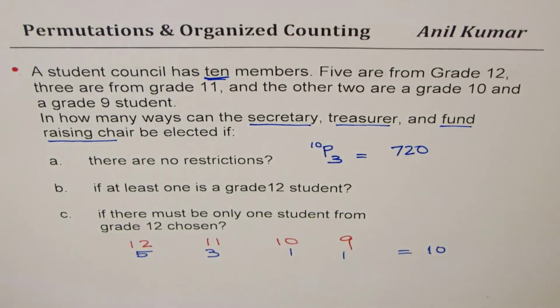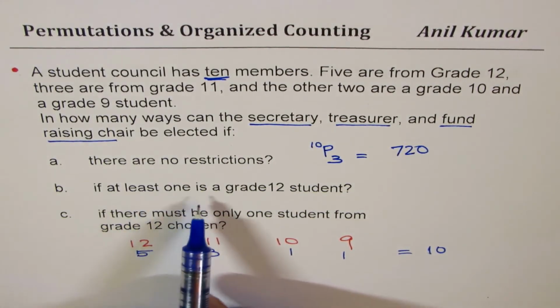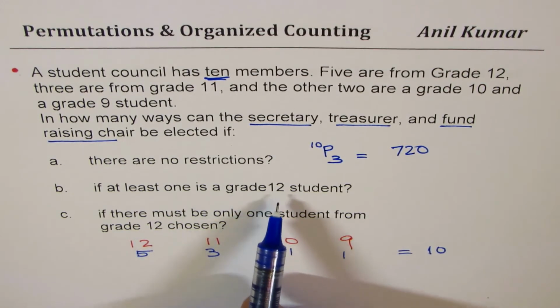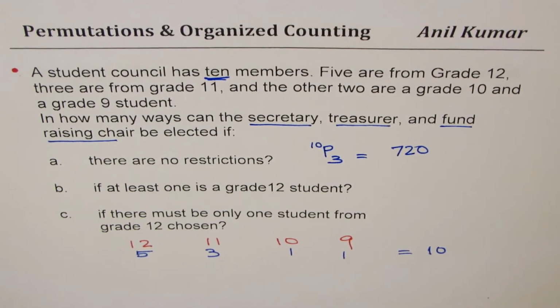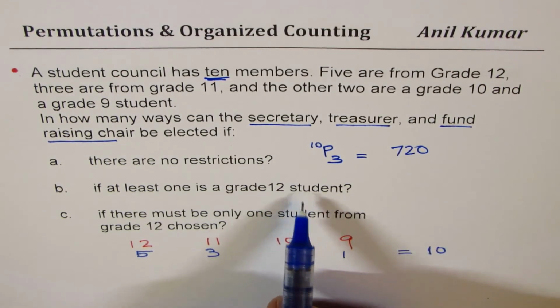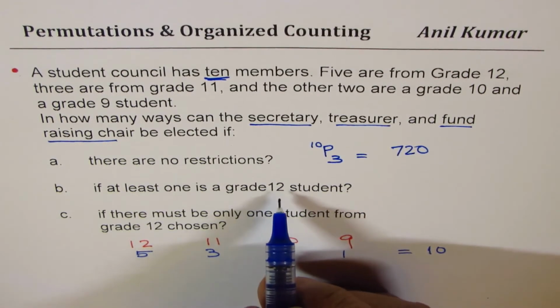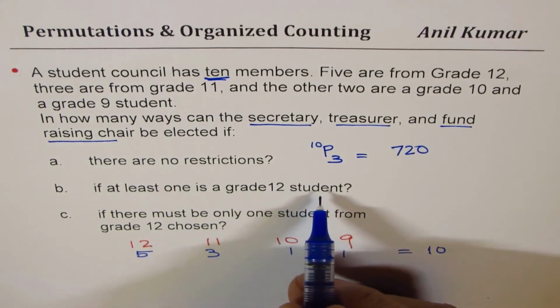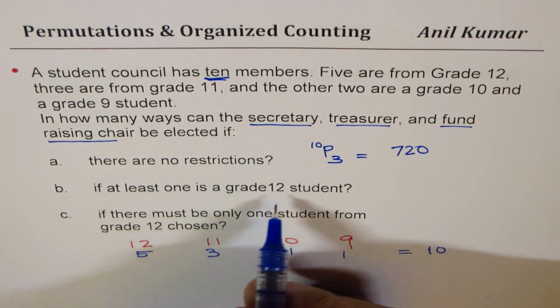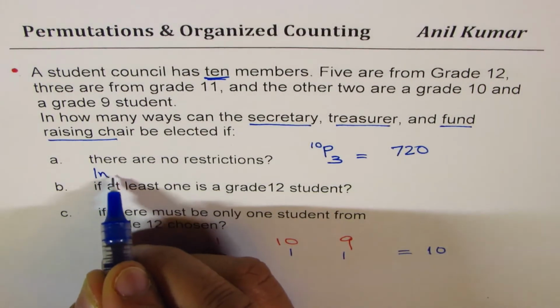The second condition here is if at least one is a grade 12 student. Now when I say at least one is a grade 12 student, let's consider that not even a single one is a grade 12 student, okay? So we'll do this with the indirect method.